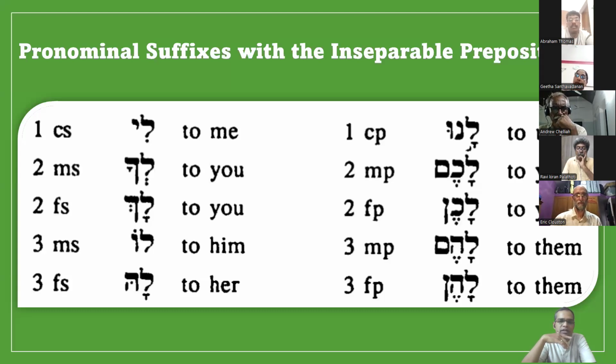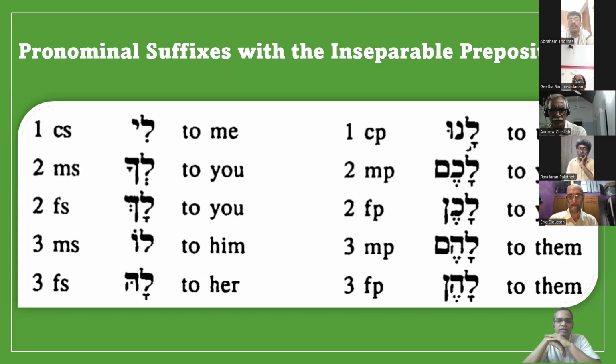Third masculine singular, lo, to him. Third feminine singular, la, to her. First common plural, lanu, to us. Second masculine plural, lakem, to you. Second feminine plural, laken, to you. Third masculine plural, lahem, to them. Third feminine plural, lahen, to them.